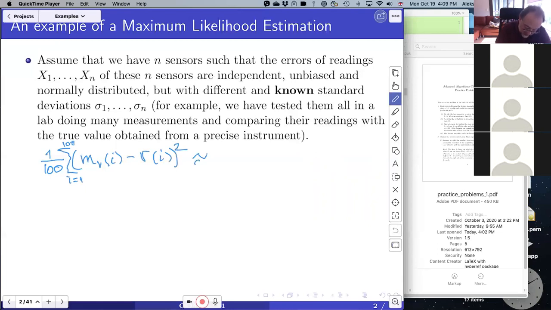So this will give you approximately the variance of the voltmeter i. Let's call it like this.